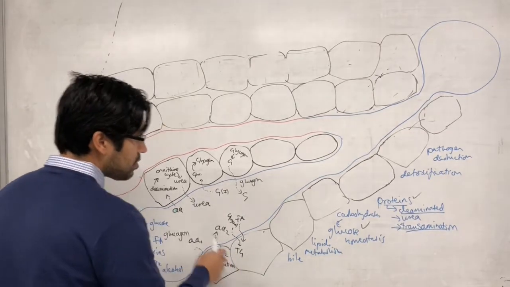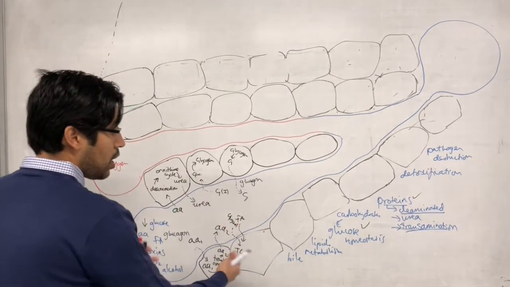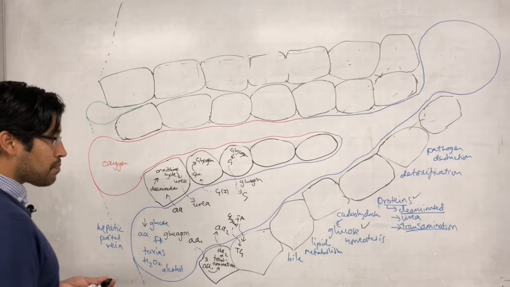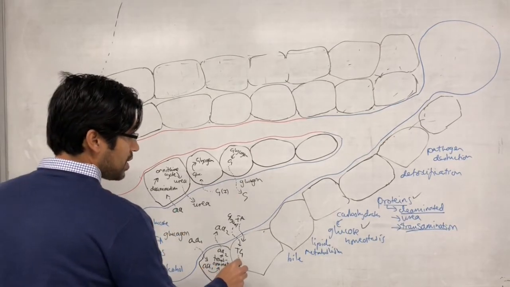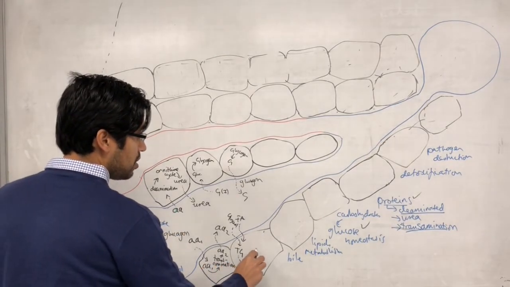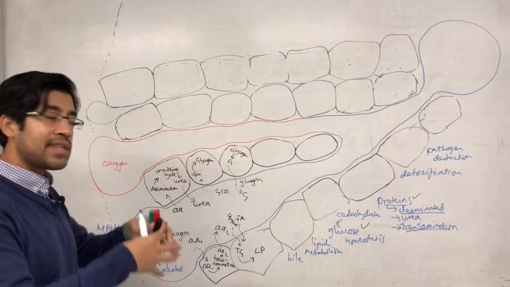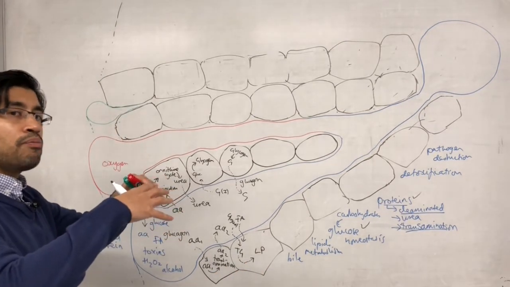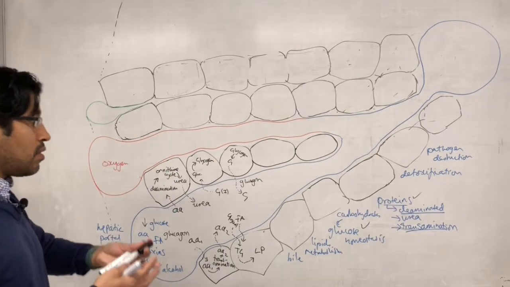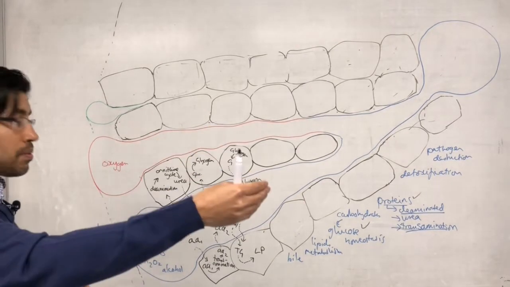And these triglycerides are not really stored in the liver, or they shouldn't be. What happens is they get packaged up into structures called lipoproteins, which can bulk transport lipids from one place in the body to another.